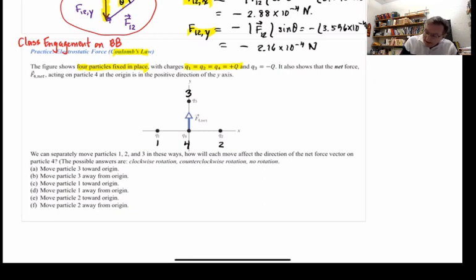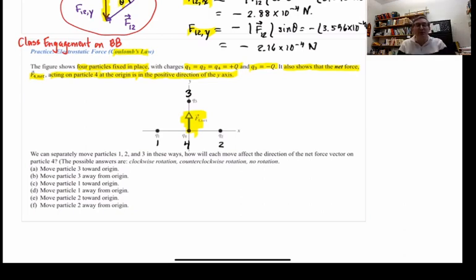And it has charge negative big Q. So just the opposite of the others. The picture also shows the net force, F4 net, acting on particle 4, which is the one at the origin, and it shows that it's in the positive direction of the y-axis. There it is, anchored on 4, because it's the net force on 4.